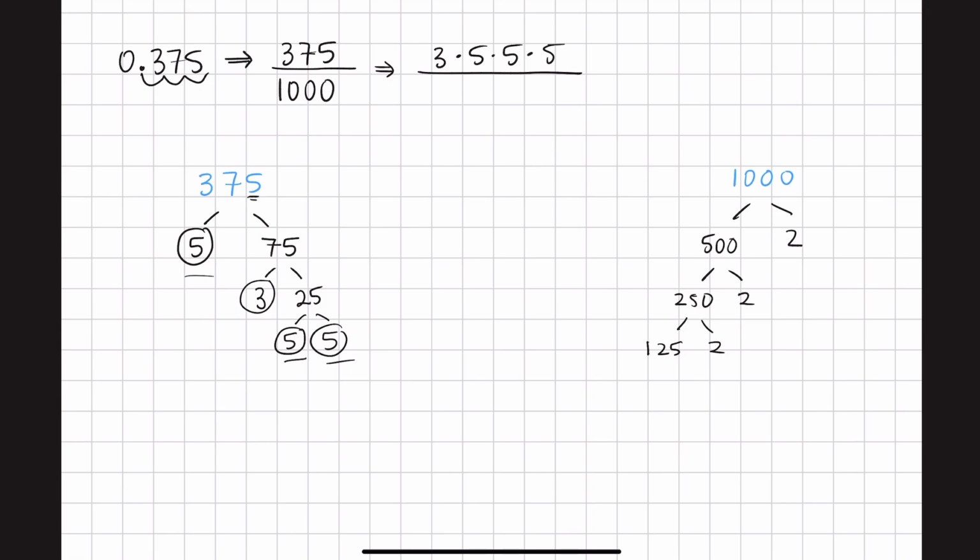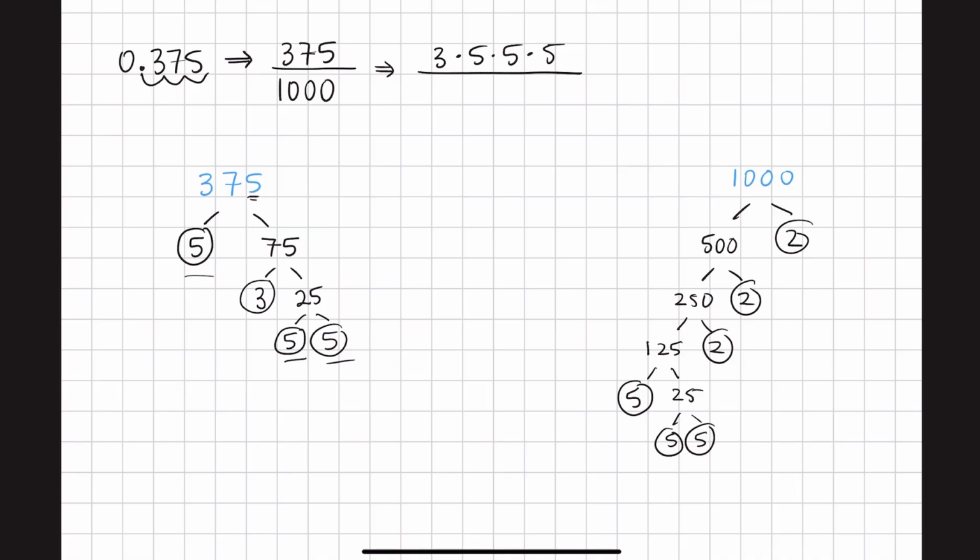So I'll break this down into 5 and 25, because 25 times 5 is 125. Or if I have 5 quarters, I have $1.25, so I could just scale up. And then 5 times 5 will give me 25. So here are all the primes that, if I multiply them together, will create 1000.